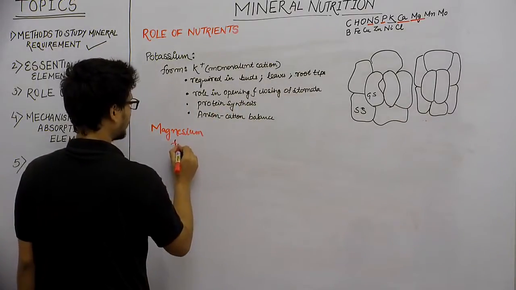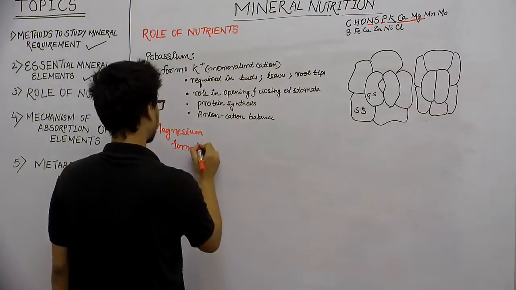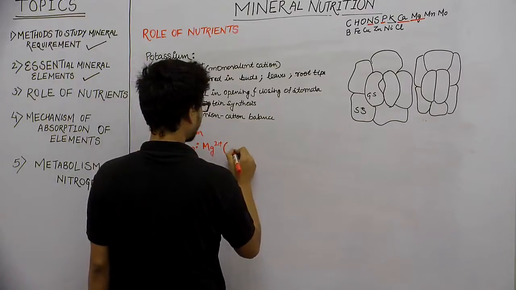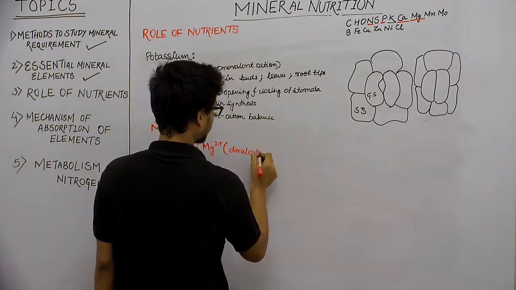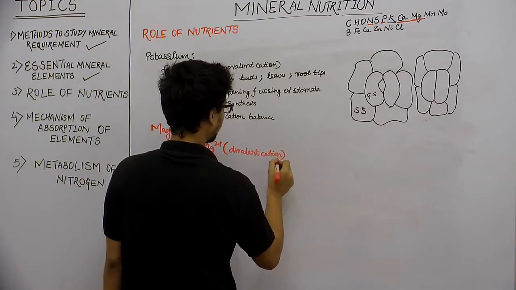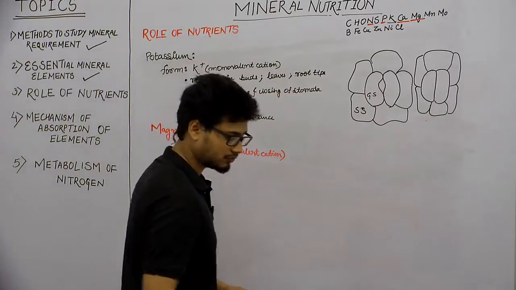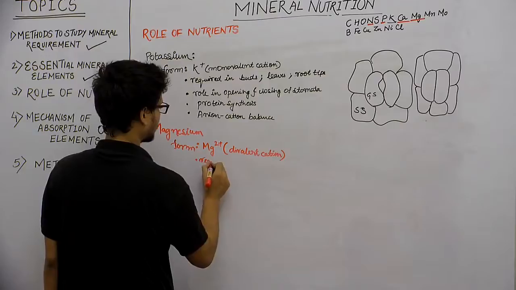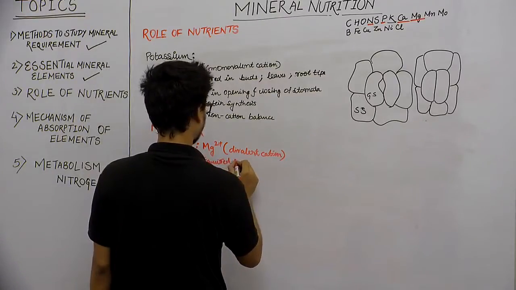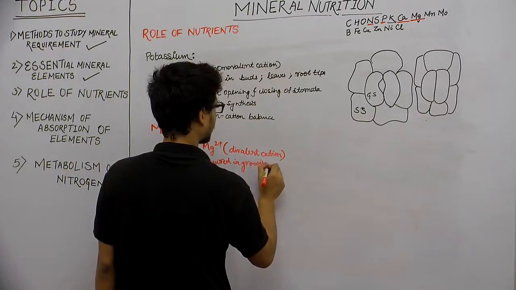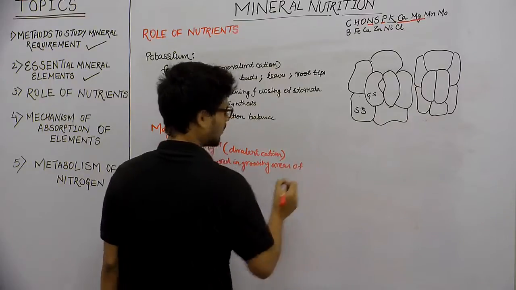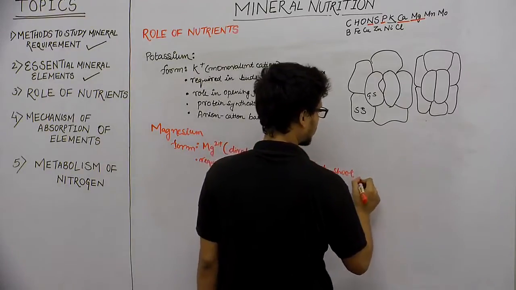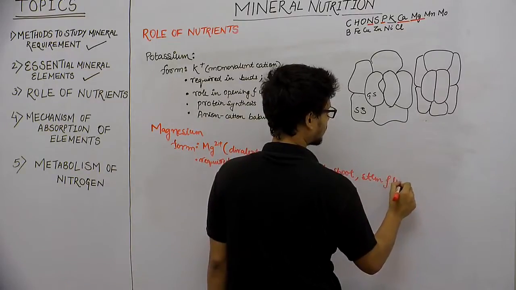Magnesium, the commonly found form is Mg2+, which is again a divalent cation, and it is required in growing areas of root, shoot, stem and leaves. Okay.